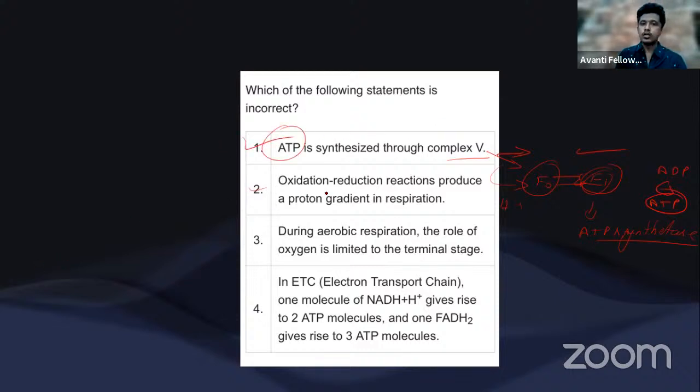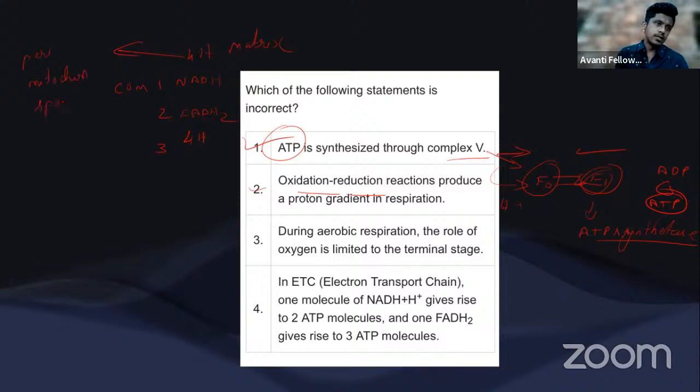Look at the second statement: oxidation and reduction reactions produce a proton gradient. Absolutely right. So when we talk about complex 1, 2 or 3, what's happening here? Whenever we talk about the oxidation of NADH or FADH2, 4 molecules of hydrogen are pumped from the matrix to the perimitochondrial space.